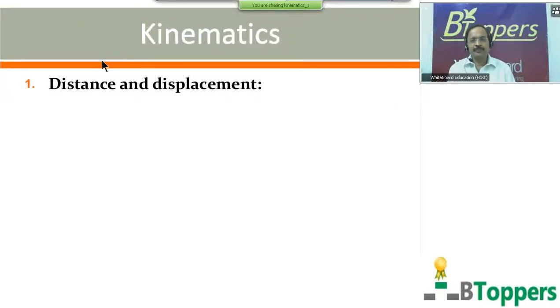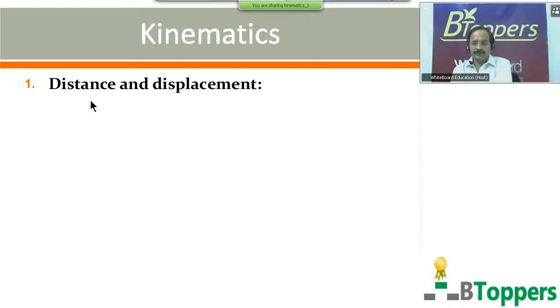This is nothing but the notes which I used to dictate in the past in the regular classes, a summary of the conclusions in kinematics.